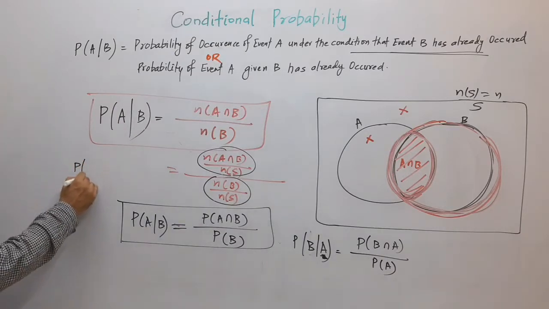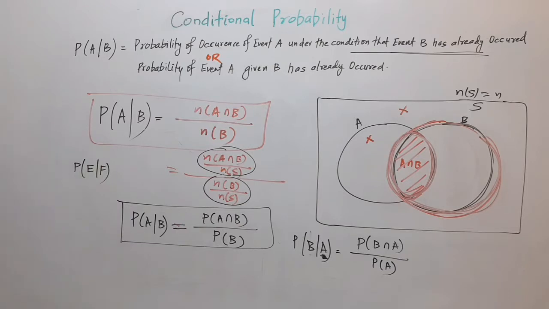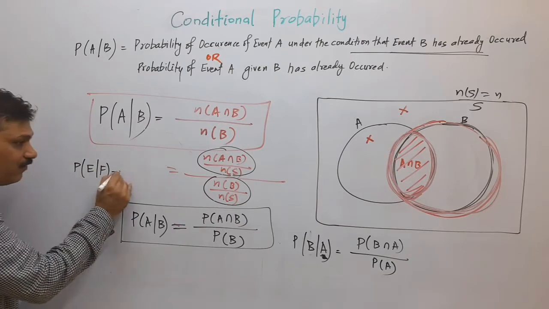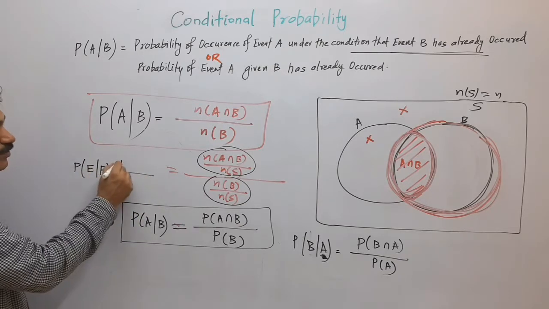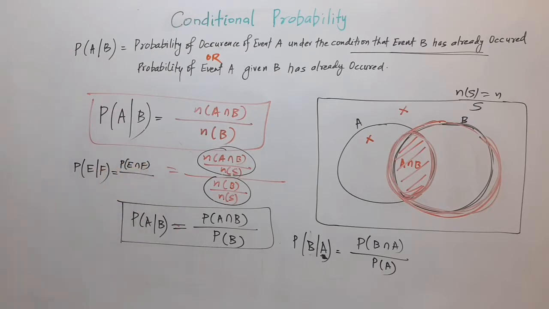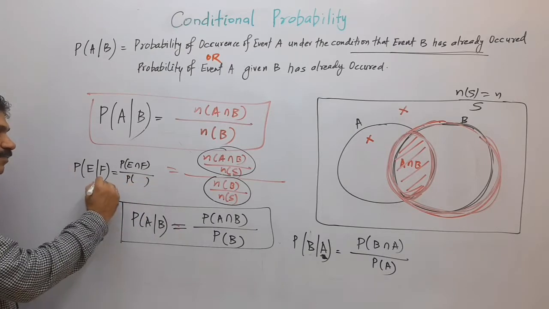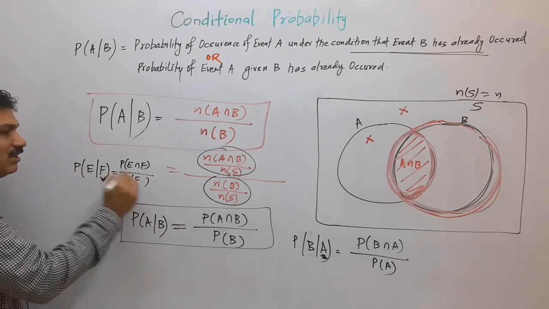Suppose I am interested in knowing the probability of E given that F has already occurred. Then what I need to do is find the probability of both the events happening together, that is the probability of E intersection F, and this probability will be divided by the probability of that event which has already occurred.